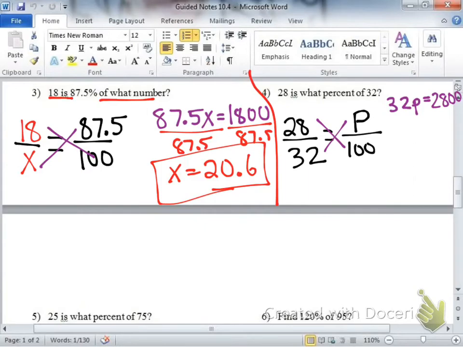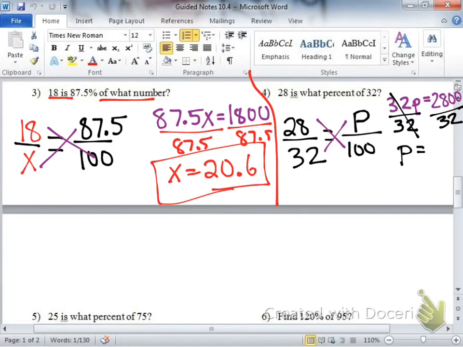How do I get what? The next step, what's bothering the variable? What number is right next to the variable? 32. So I need to divide by 32. 32 divided by 32, that just gives me one P. So P is by itself, or X, or whatever variable you used. You also have to divide the other side by 32.